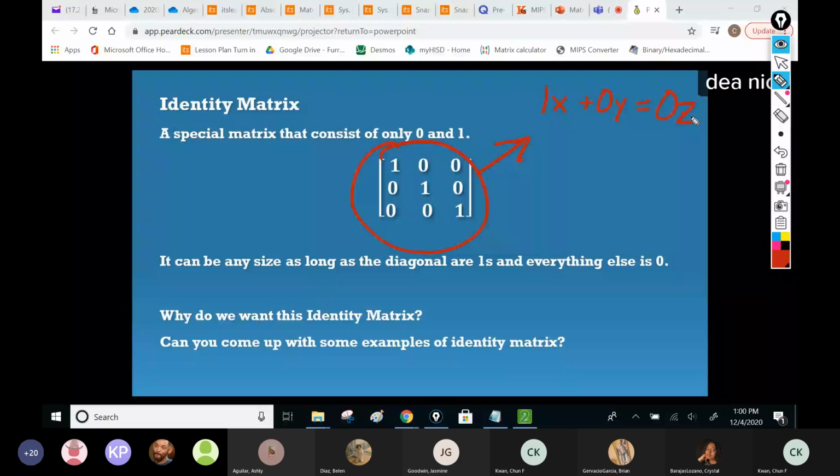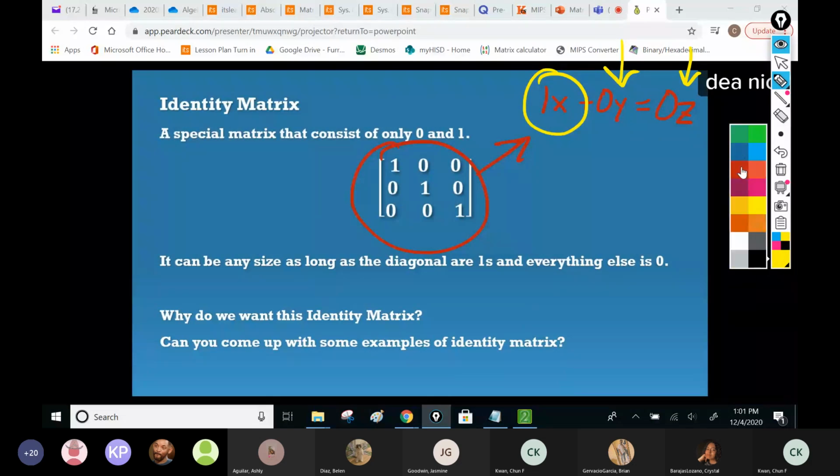And this is exactly what we want, because now the x is by itself and alone, right? We basically separate the x, and now we have only the x, and no y and no z. We want to have all the variables by themselves. That is why we like the identity matrix.